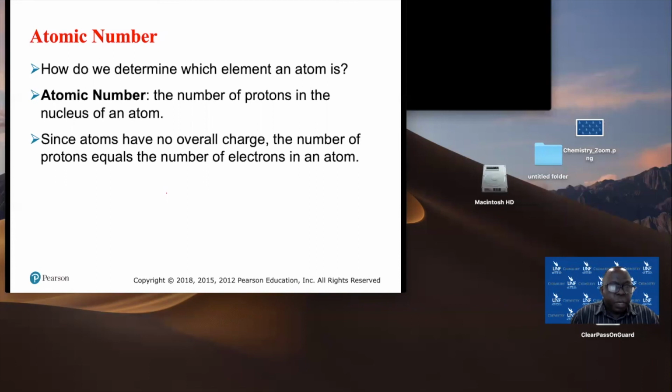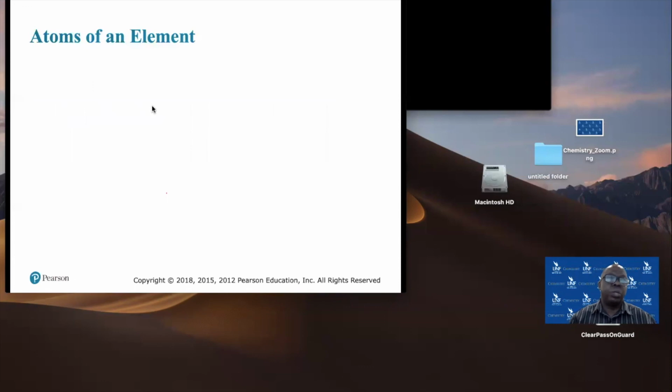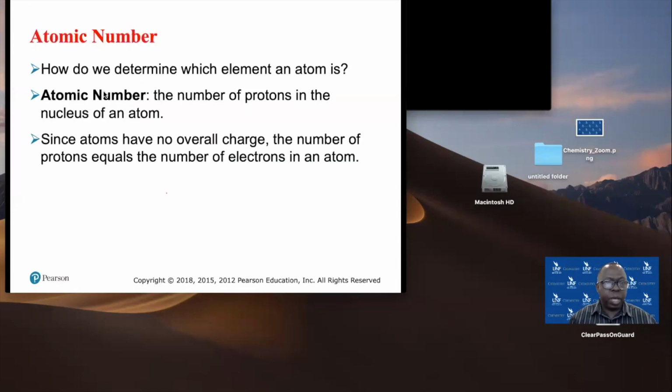The atomic number on the periodic table indicates the position, numbering from left to right. And it turns out that the atomic number, the position on the periodic table, corresponds to the number of protons. So if you know the atomic number, you know the number of protons.